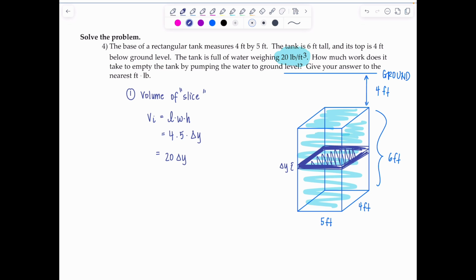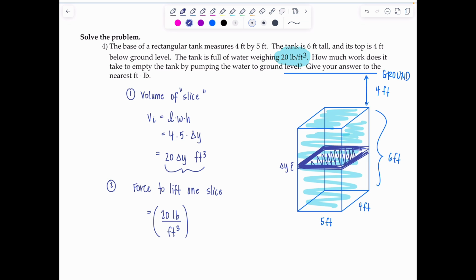You don't use the height of the whole tank. I'm not computing the volume of the whole tank. I'm computing the volume of the slice. Then what do I want to know? I want to know what is the force required to lift one slice or one layer of water. Well, that's why they gave me the weight density right there. So we have that it's 20 pounds per foot cubed. And the units on the volume are feet cubed for one slice.